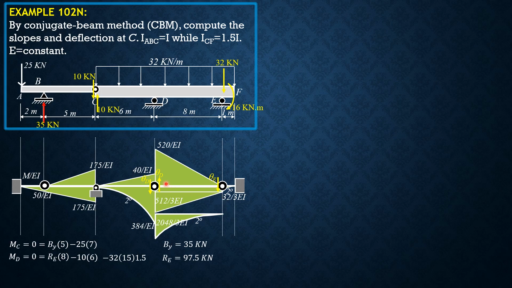To solve for theta D, we sum up moments about E equals 0. So theta D times 8 plus this area times moment arm 2/3 of 8, which is 16/3. So plus 0.5 of 8 times 520 over EI times 16/3, 2/3 of 8.